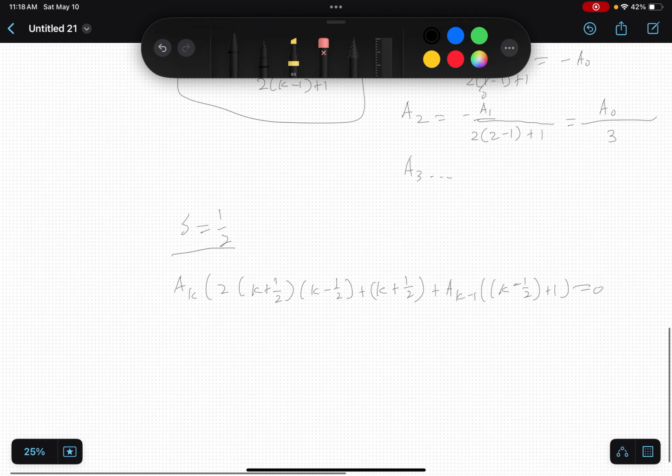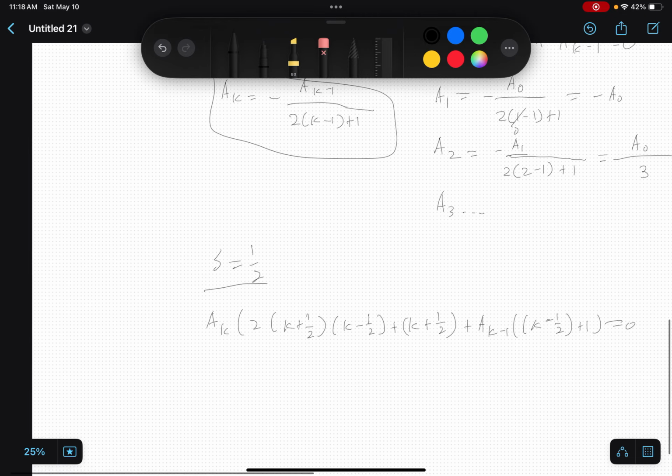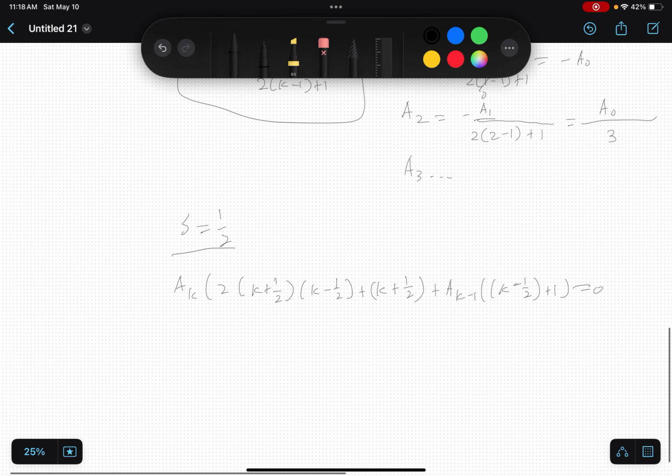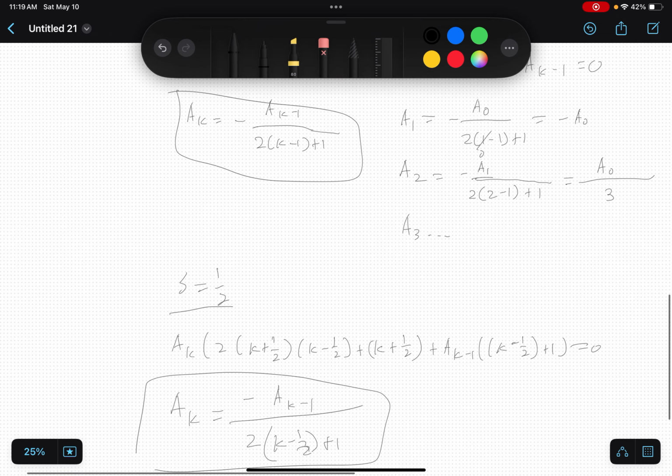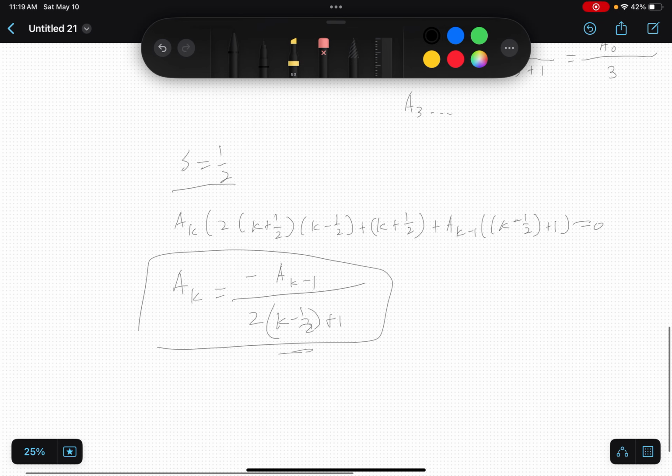I think I did some algebra between this equation and this equation, but that's fine. We get our a_k equation as negative a_(k-1) over 2k minus 1/2 plus 1. So very similar to up here, except up here we had minus 1. Down here we have minus 1/2.